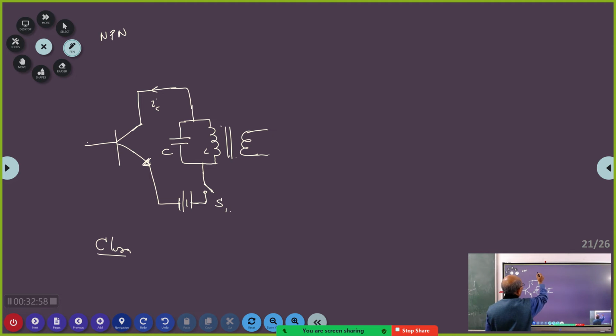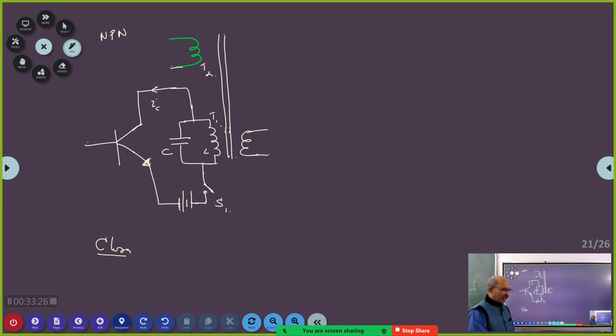Now, I am going to draw one more coil here, and I am going to extend this coil. Right? So, I will call this T1, I will call this T2. Now, what do you understand when I have drawn the line like this? The core is extended.